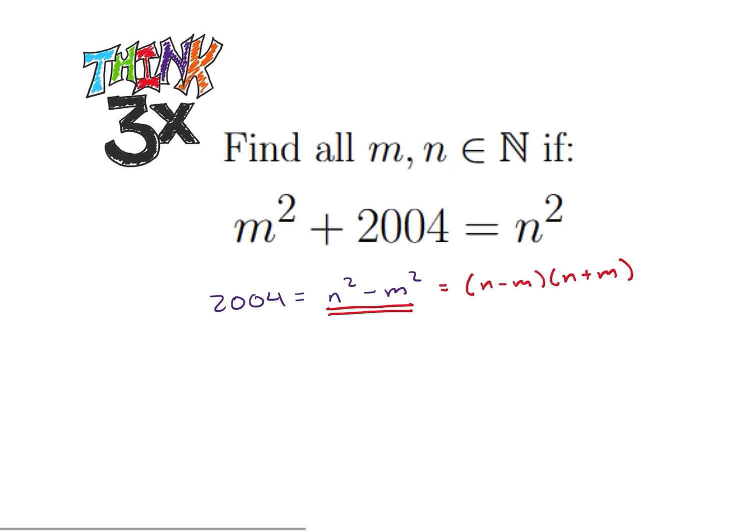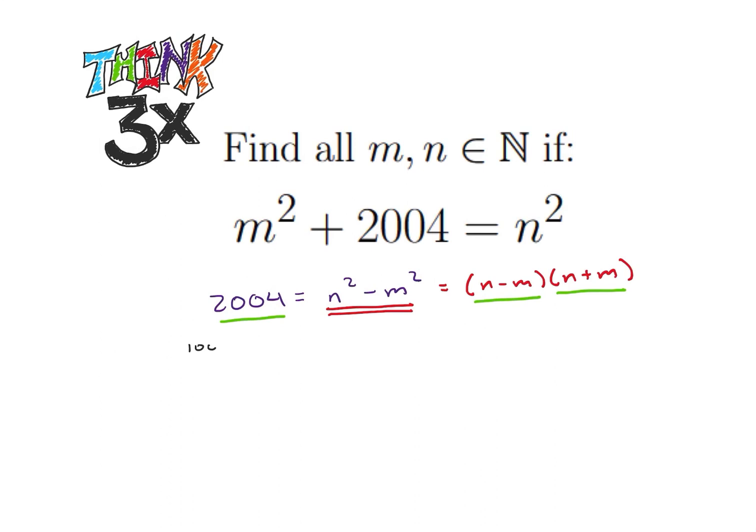As we're working through here, this is going to help us out a lot. So we have one number times another number is going to be equal to 2004. That means that n minus m and n plus m must both be factors of 2004. So let's break down 2004.